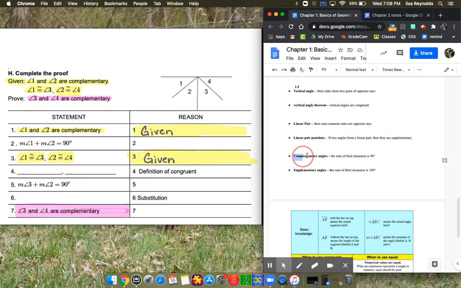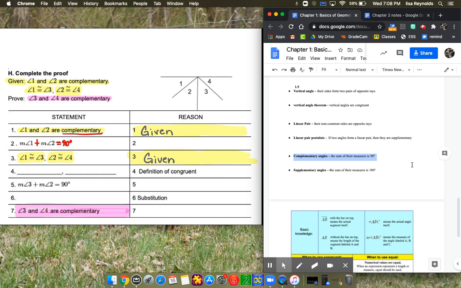Back in chapter 1, we had a definition. Our definition says that complementary angles, the sum of their measures is 90 degrees. So if I look at my given, it has complementary, and my very next line has a sum equal to 90 degrees. I have the two pieces of my definition. So my reason, this is essentially my law of detachment.